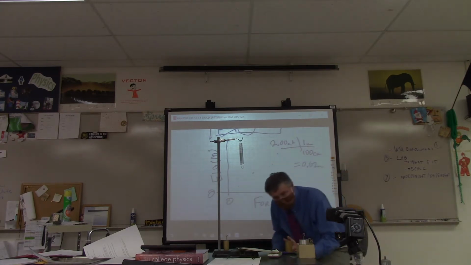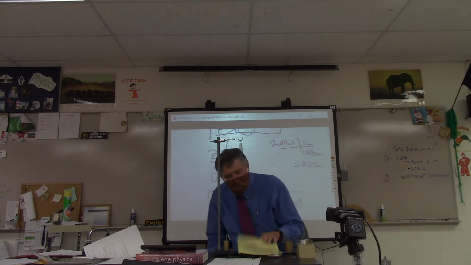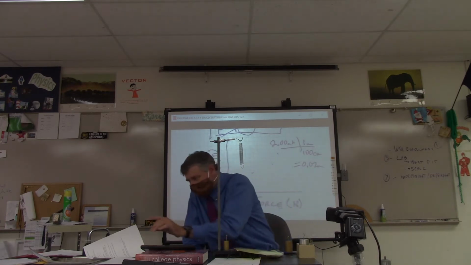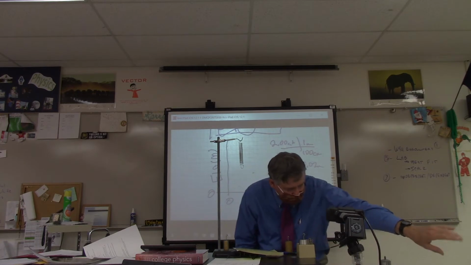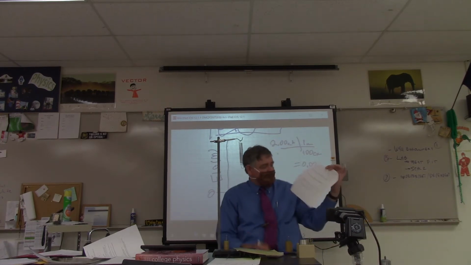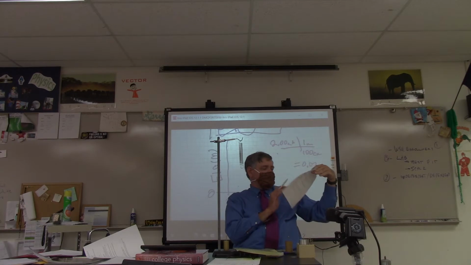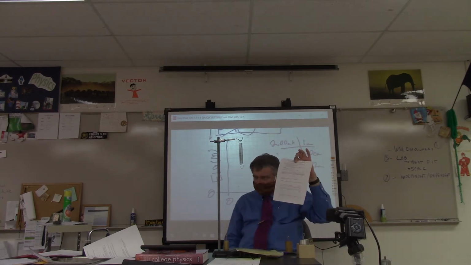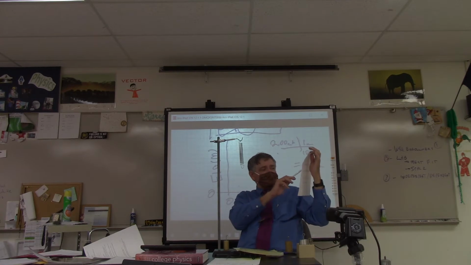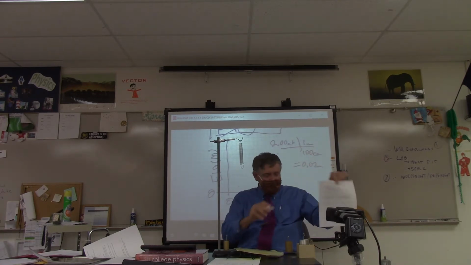And on the instructions, listen to me, on the instructions I specifically tell you, down here on number 3, to draw a line of best fit, and then circle 2 points, and then calculate the slope.